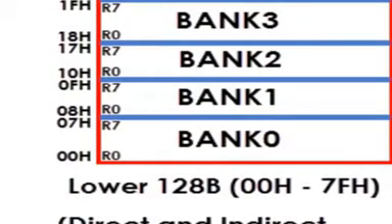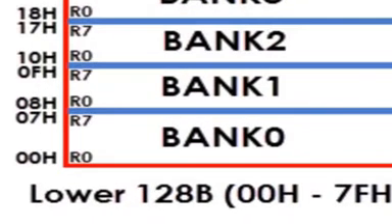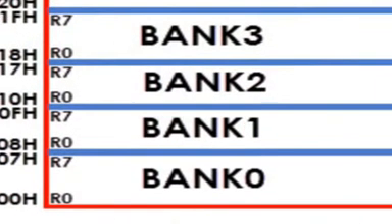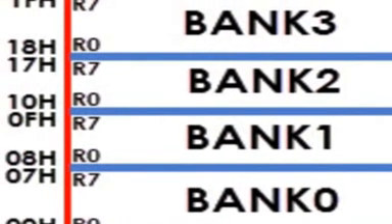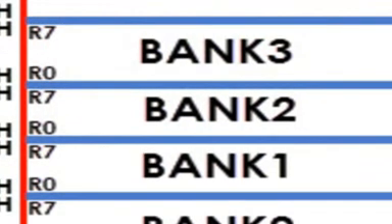The size of R0 is 8-bit, and R1 is also 8-bit, so each register is of 8-bit size. That means in bank 0 you have 8 8-bit registers, named R0 to R7. Same way at bank 1 I have R0 to R7, the same 8 registers, each of 8-bit. Same way at bank 2 I have 8 registers.